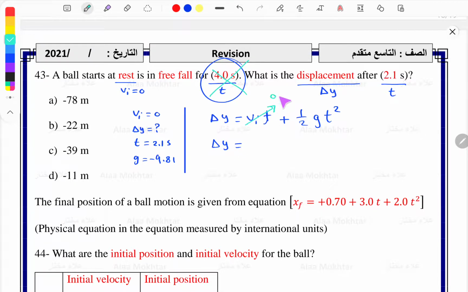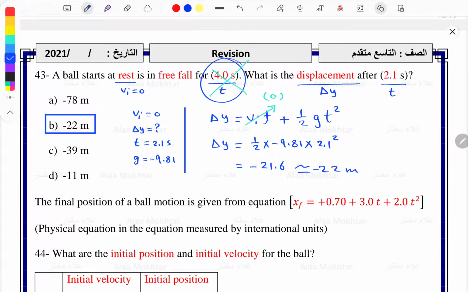V initial times t is 0, bye bye, and 1/2 times negative 9.81 times time 2.1 squared. Maybe acceleration will equal 10 in your exam, I don't know. The answer will be negative 21.6. It's about negative 22 meter.